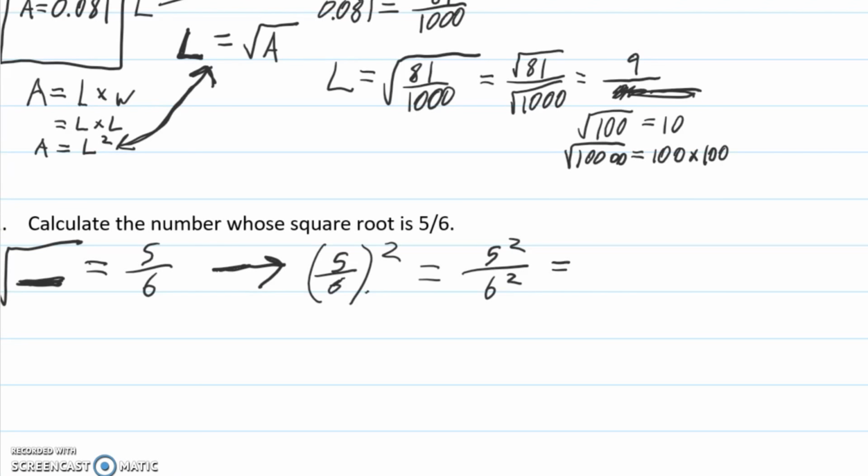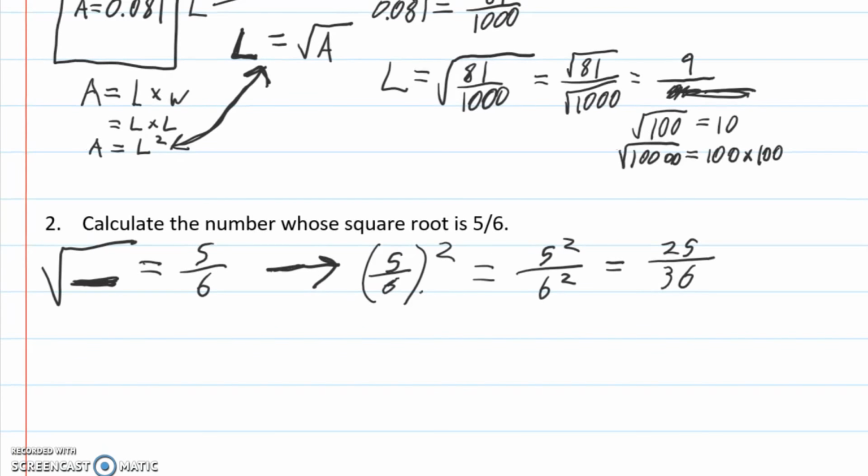Makes it a little bit easier because 5 squared, if we remember our times tables, and now we sort of have a square table. Sorry, 5 times 5 is 25, and 6 times 6 is 36. And this here is our new fraction to give us sort of the area of our square.